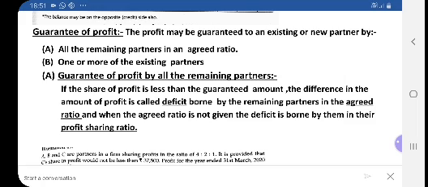If it is given in some agreed ratio, that is 3:2, then accordingly you calculate the amount. And if nothing is specified about the ratio, and the profit sharing ratio is 3:2:1, then between A and B the ratio is 3:2. Then this 3,000 will be borne by A and B in 3:2.